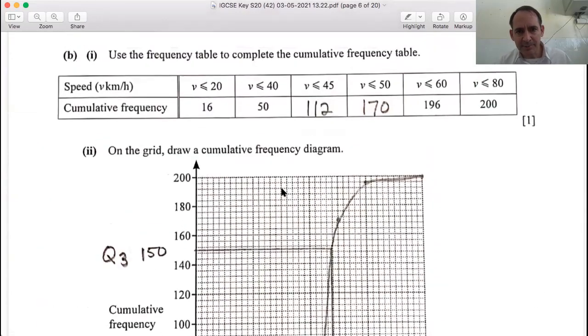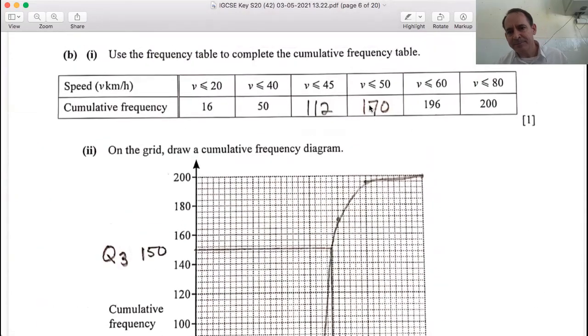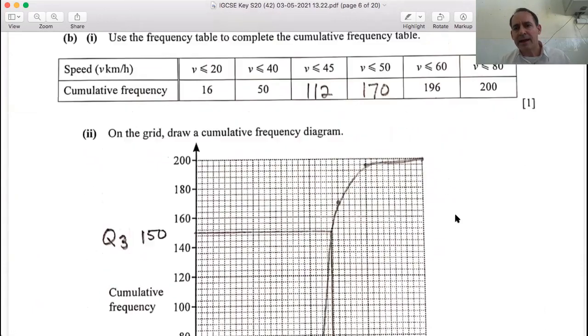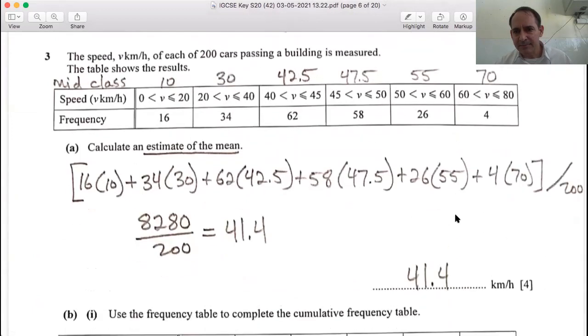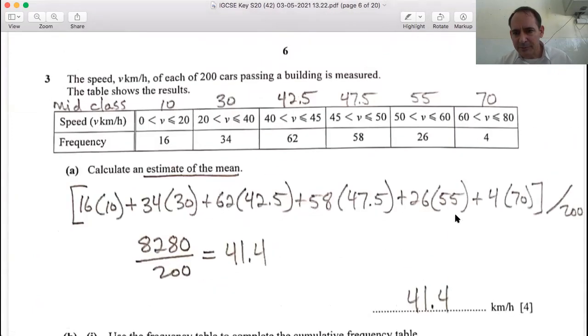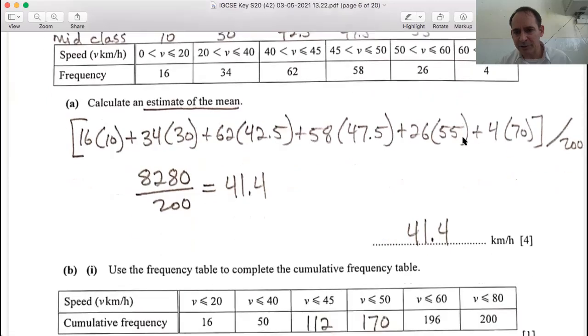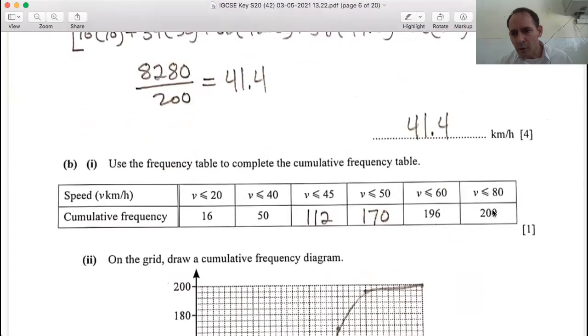So let's go back up here to our cumulative frequency. Here is less than or equal to 50. So if we're going to be greater than 50, that means we are in these upper two. And if you look at the frequency within those bands, there are 30 vehicles, the 26 and the 4, 30 vehicles, or you could take 200 minus the 170.